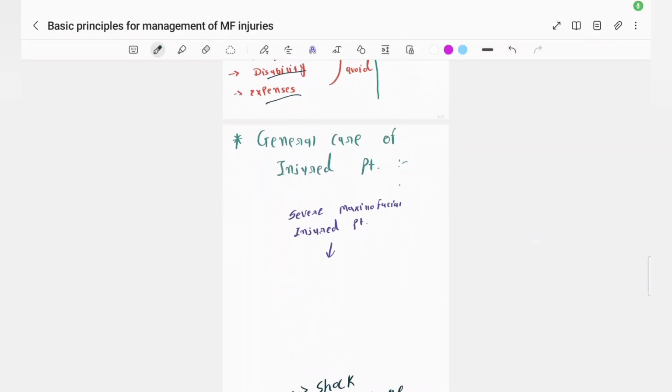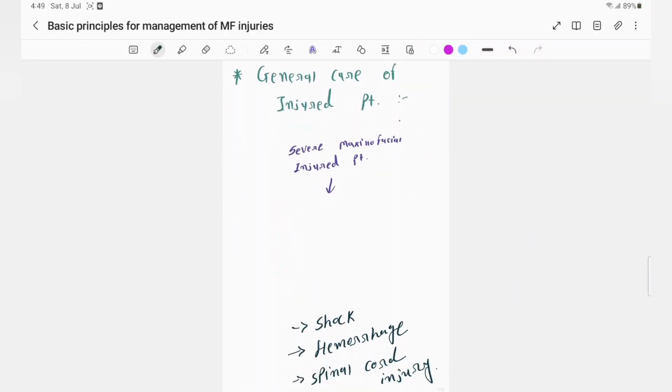Okay, general care of the injured patient, like what you are going to do from first to last step whenever a severely injured maxillofacial patient comes to your hospital. So first you have to do a complete evaluation. In this you have to see how much injury is there, what kind of injury is there, any severity or not, right?